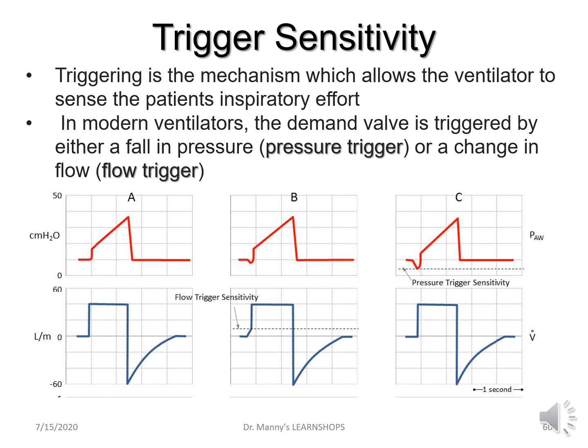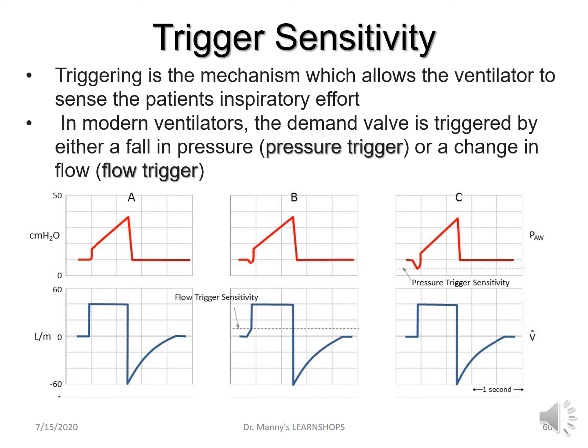Trigger sensitivity refers to a mechanism which allows the ventilator to be aware of the patient's inspiratory efforts. In modern ventilators, a demand valve is triggered by either a fall in pressure trigger, or a change in the flow trigger.